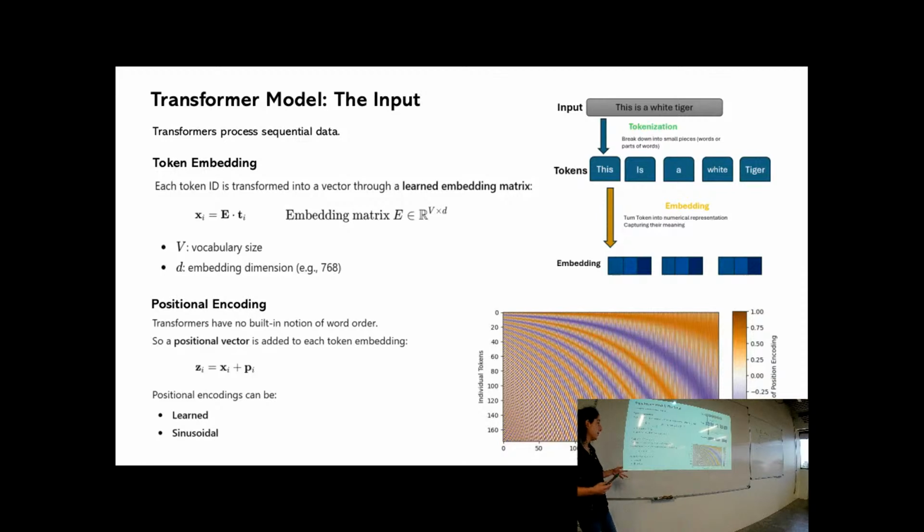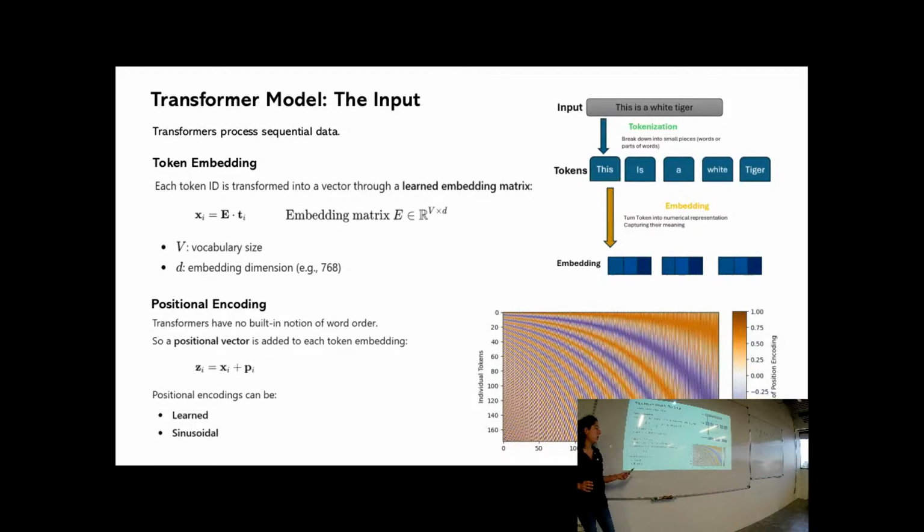Same usual game. You have some weights that are learned because they will be specific to each token. Each token has a position that's going to be important, and the network is going to learn the encoding. That's the typical way. But what I'm showing here is a fixed, sinusoidal way of doing this encoding. And why is that used?